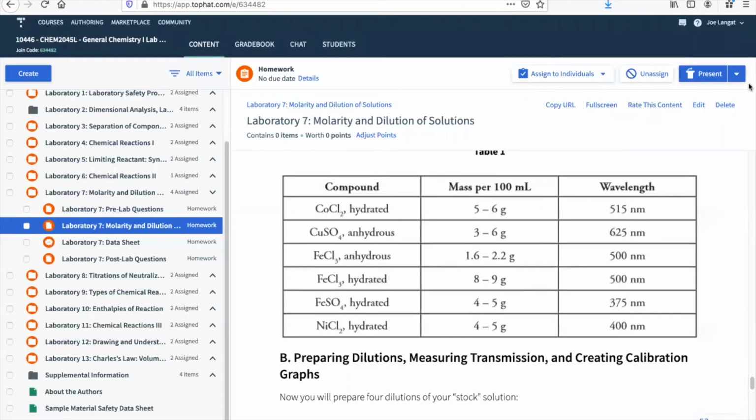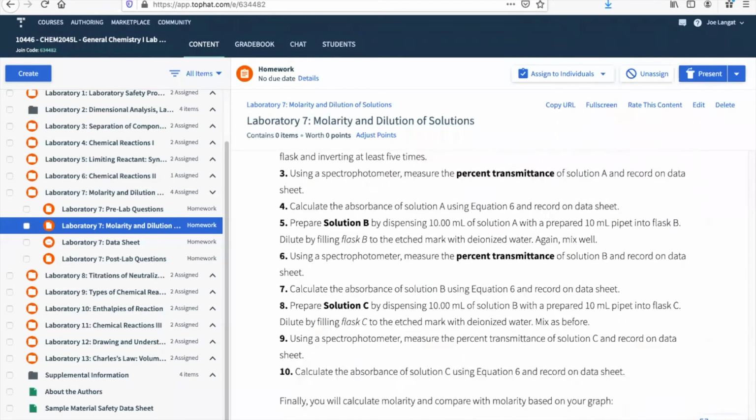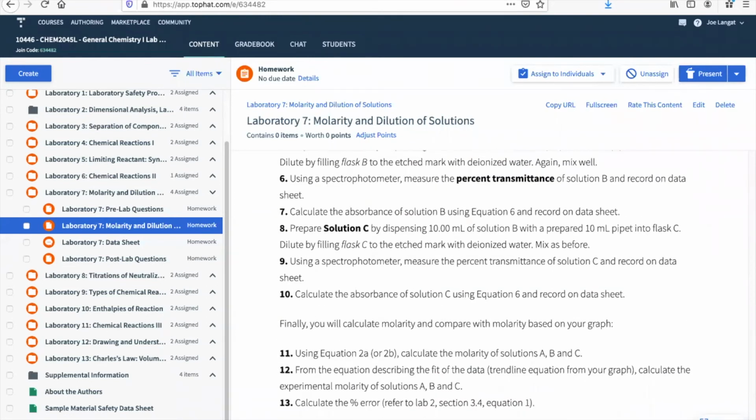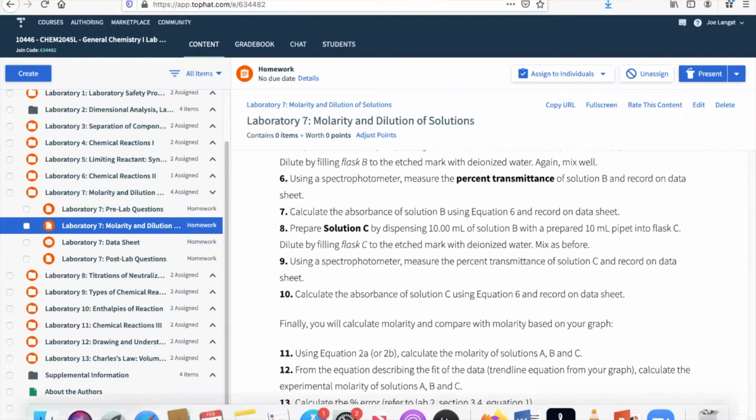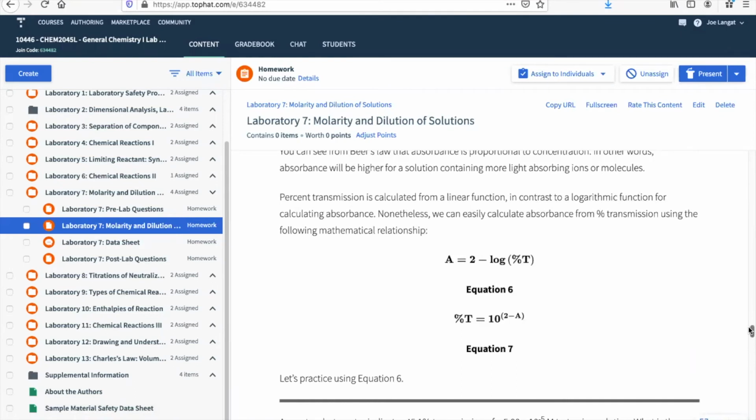By using this equation here, there is an equation which relates percent transmittance and absorbance from the background procedure. This is the relationship between percent transmittance and absorbance.